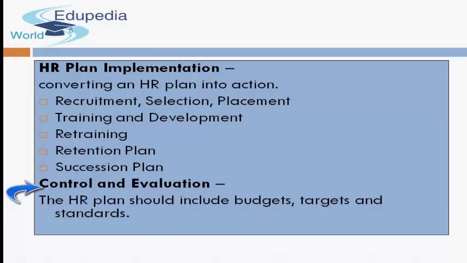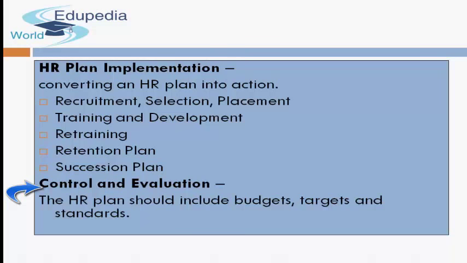Every organization, when making its strategy, keeps in mind the budget: how much can they spend on employee salary, how much can they spend on employee training, how much can they spend on employee recreation facilities. All those things need to be kept in mind while the HR planning is done.